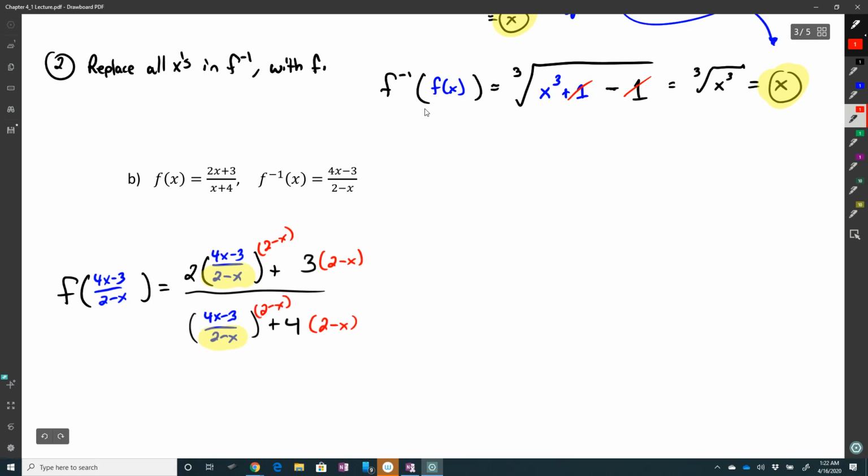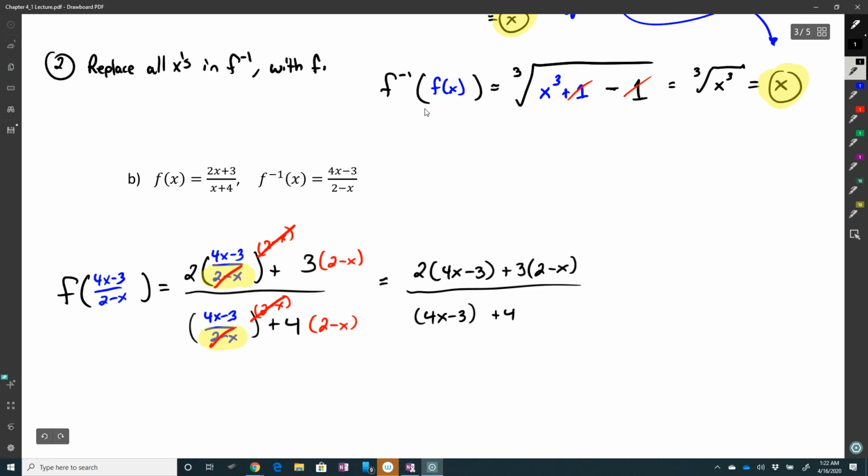When you do that, the 2 minus x's cancel, and you're left with 2 times 4x minus 3 plus 3 times 2 minus x, all over 4x minus 3 plus 4 times 2 minus x. And then from here, it's just simplifying. It's annoying, but it's going to work.